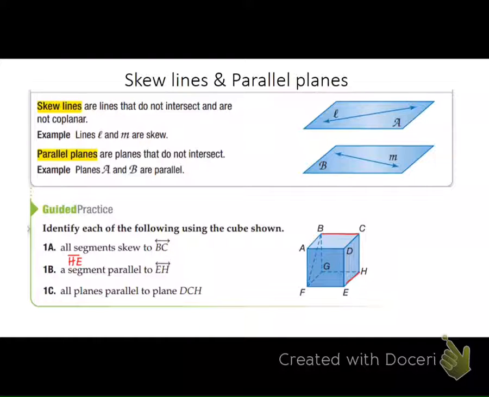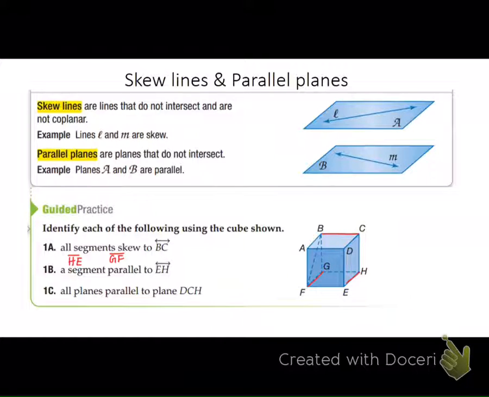Can somebody give me another one that's skew? GF. So GH is not skew, it's parallel. FE is not skew, it's parallel because you have a plane that's going diagonally through there. Those ones would be touching, touching, touching, parallel, parallel. How about DE?